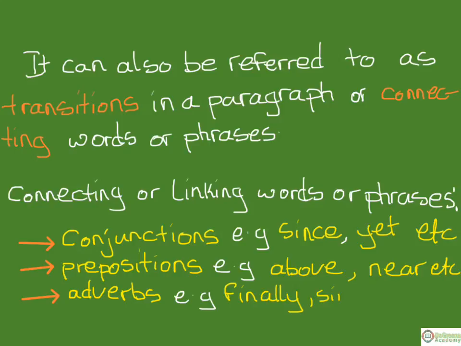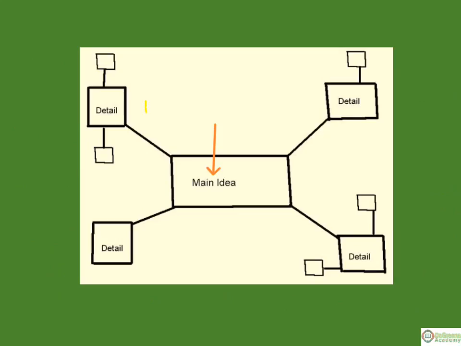For example, finally, similarly, and you can name the rest. All of these are what are known as connecting words or phrases, or transition words, or linking words, because they help to link our ideas. They help to link the main idea, which is the topic sentence, to the other sentences, which explain what the topic sentence is all about.